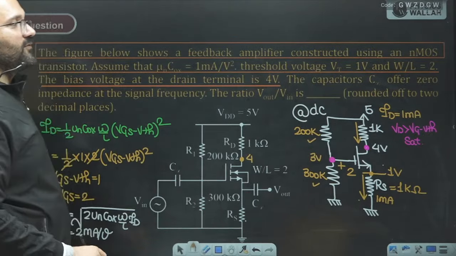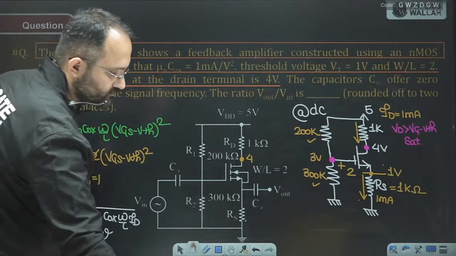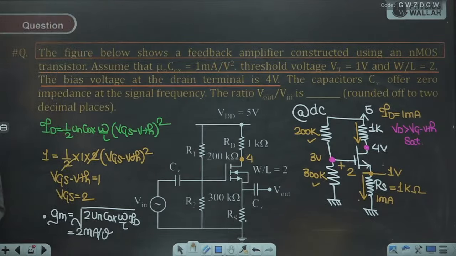Okay. All of you are able to find RS, or all of you are able to solve the circuit, dosto. Please check. Now, can anyone find the answer? Can anyone find the voltage gain?